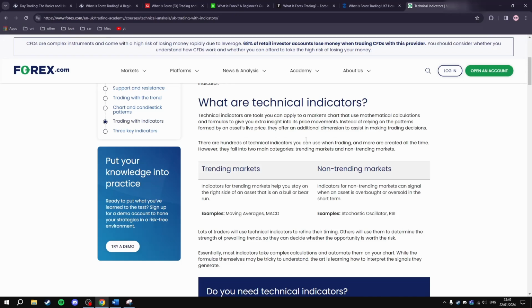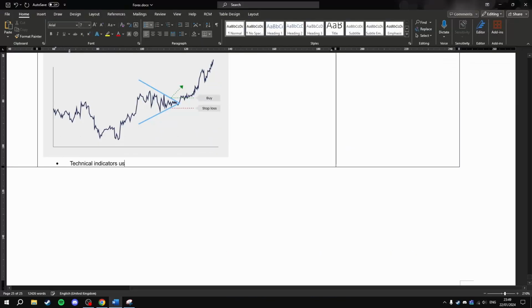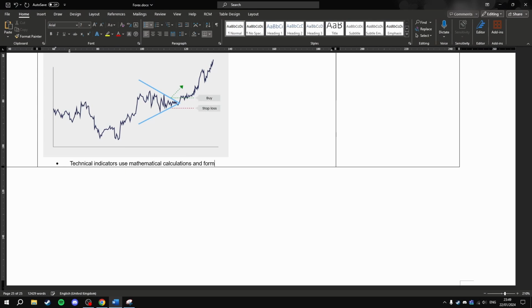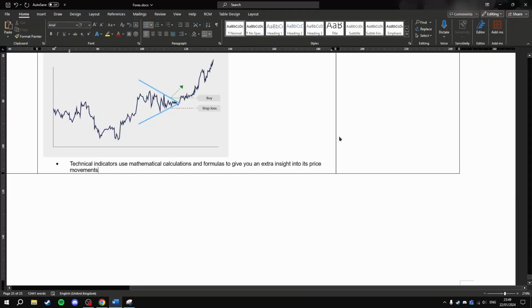Indicators use mathematical calculations and formulas to give you extra insight into a market.